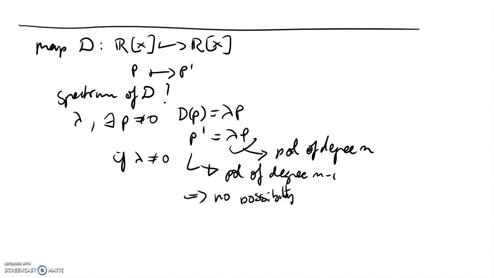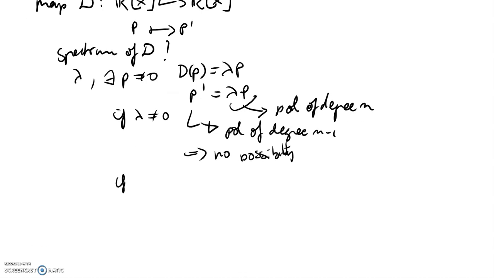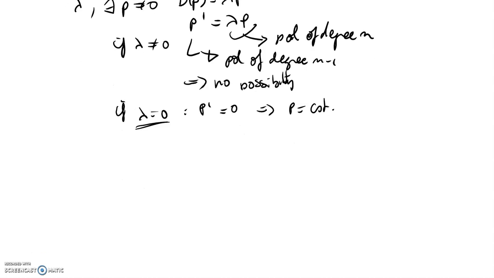All right, so we got no non-zero eigenvalues, but let's consider if lambda is equal to 0. Can I find non-zero P such that P prime is equal to 0? Yes, we take P equal to a constant. Actually this we already knew, maybe I haven't stressed that enough: lambda equal to 0 corresponds to the null space, the kernel of the map.